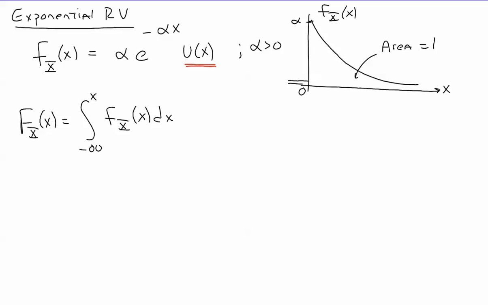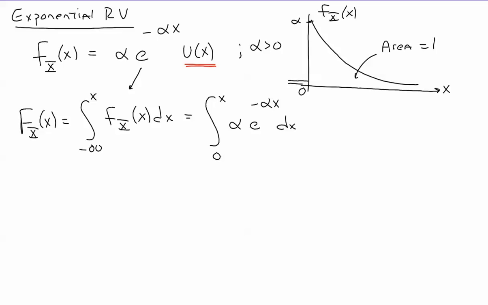The lower limit is minus infinity, and the upper limit is just an unspecified variable level. So we plug our probability density function into my integrand. The step function affects the lower limit, and I get an integral from 0 to x of alpha e to the minus alpha x dx.